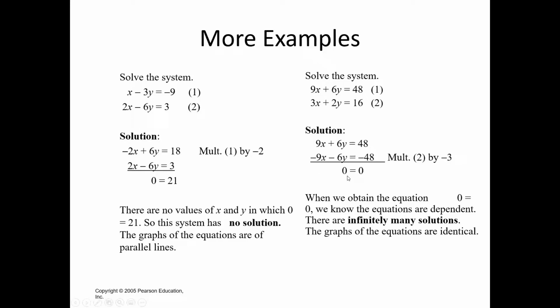Okay, when you get a truth, it could be 5 equals 5, 8 equals 8, okay? But when you get 0 equals 0, then basically what you're saying is it's the same lines. It's identical lines, infinitely many solutions, okay?